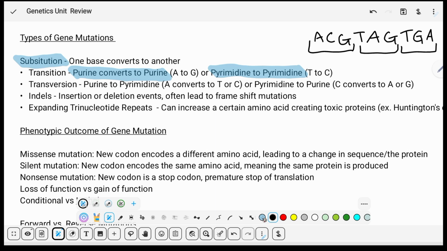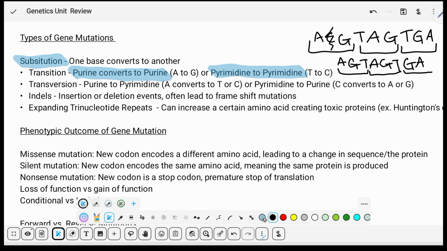But then if we delete this, all of a sudden it becomes AGT, AGT, GA. And then all of a sudden we make a different amino acid, and then whatever comes next. So that can be a huge problem because that basically destroys the entire protein the gene is trying to make. So indels are usually a lot more serious than substitution mutations.